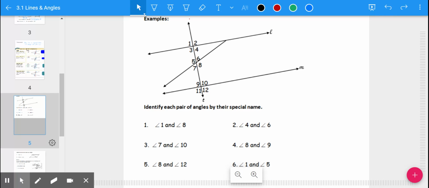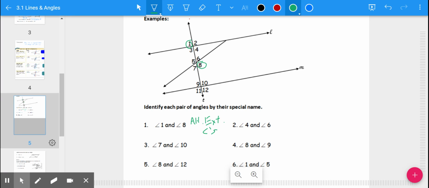So, for instance, angles 1 and 8. So they're on alternate sides of the transversal, but they're on the exterior of the two intersections we have there. So those are going to be called alternate exterior angles.